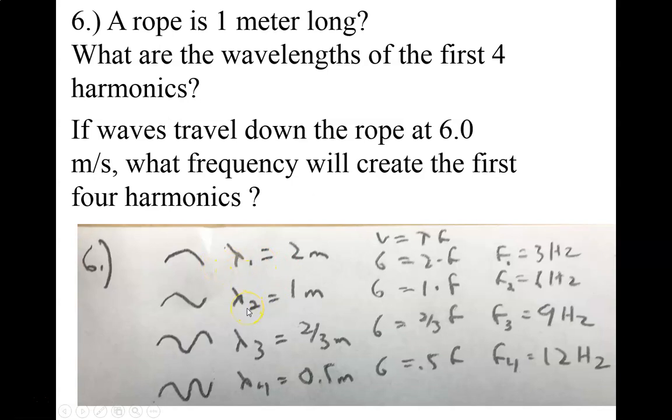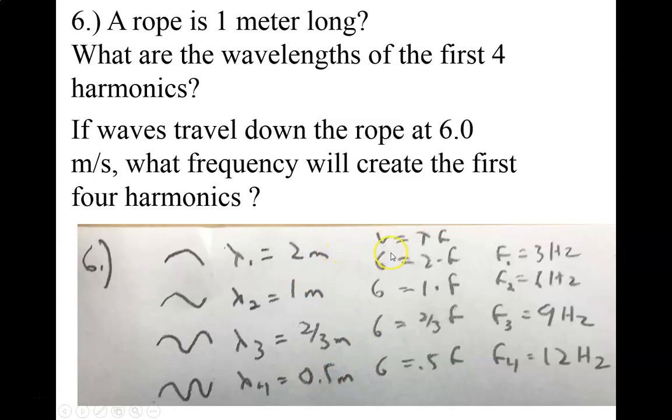For my second harmonic, lambda 2 is just equal to 1 meter. Here I've got 3 halves of a wave, so it's going to be 2/3 of one meter. And lastly, I've got 2 full waves that fit between that 1 meter, so each one is going to be half a meter. Those are the wavelengths for the first 4 harmonics.